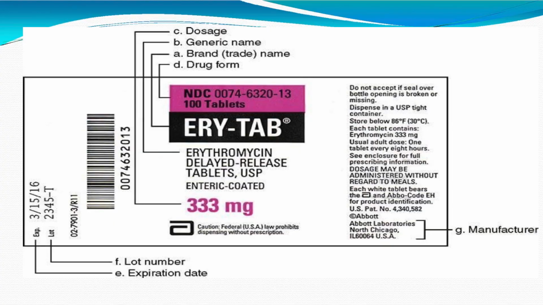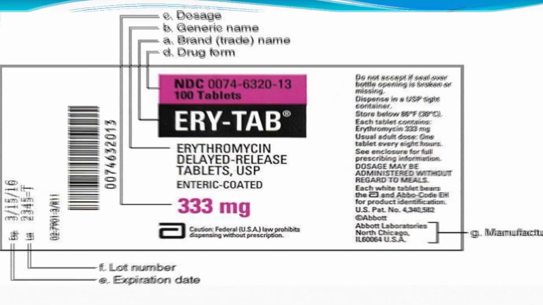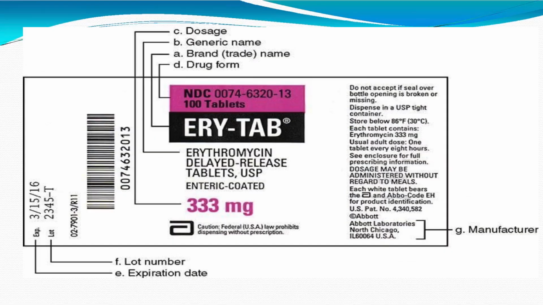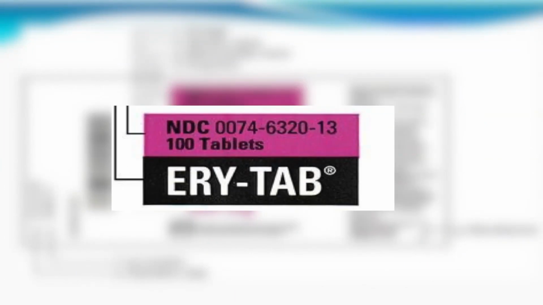So before you is an example of a drug known as erythromycin delayed release tablets. Erythromycin is the generic name of this drug, and you can read Erytab as the brand name of this drug.